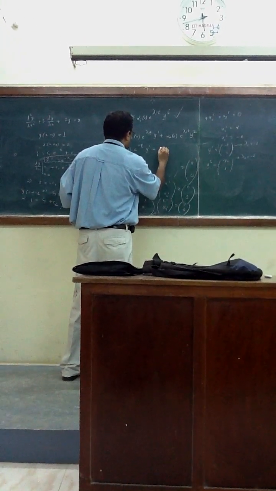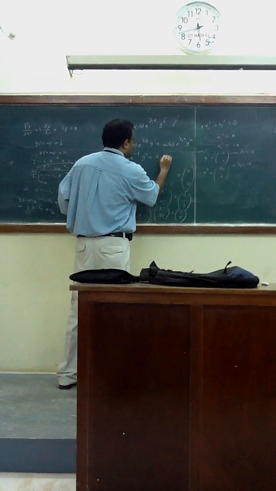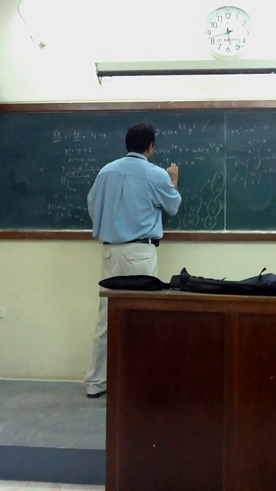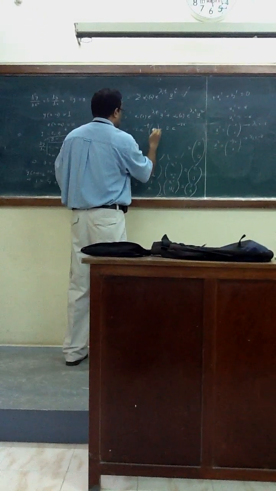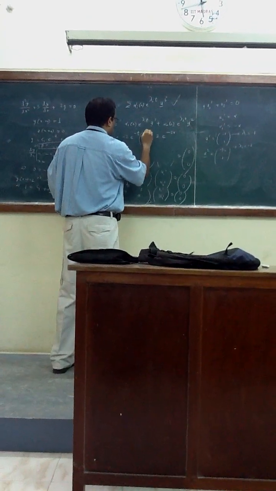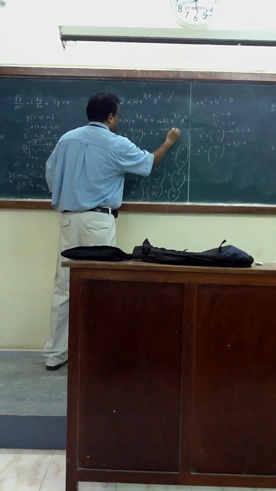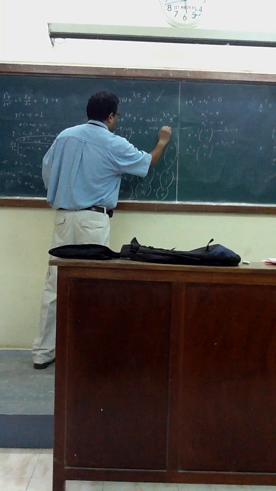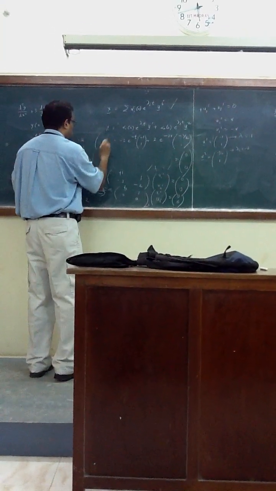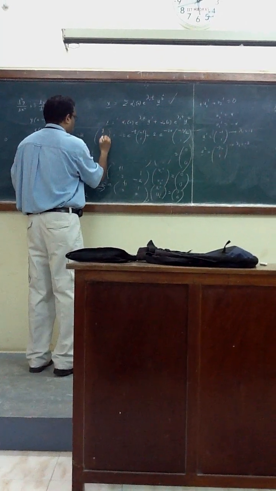Alpha 2 0 is plus 2 e to the power minus 2t, and what is u2 bar? Minus 1, and this is minus half, 1. So it is your y vector and z vector.